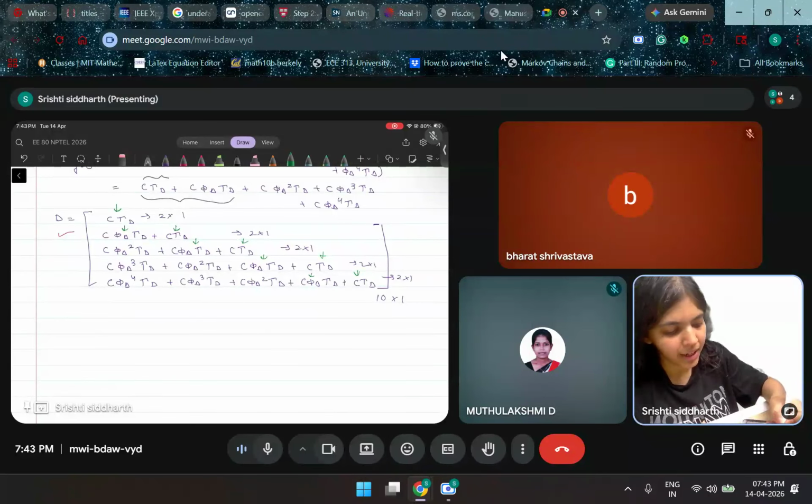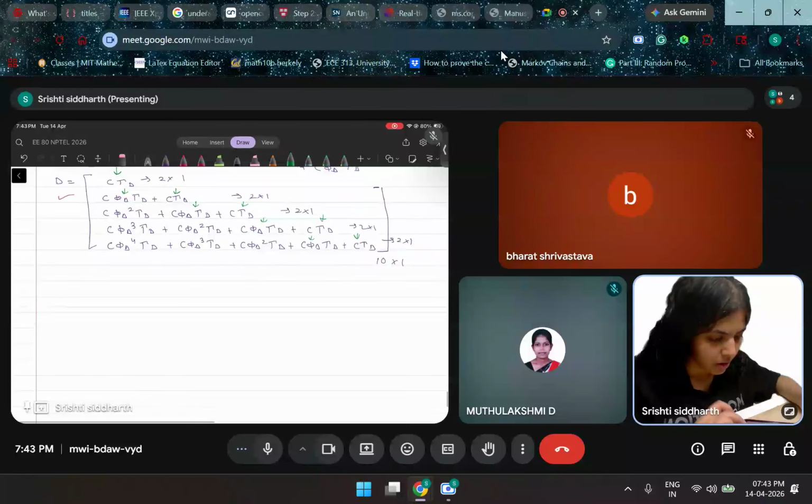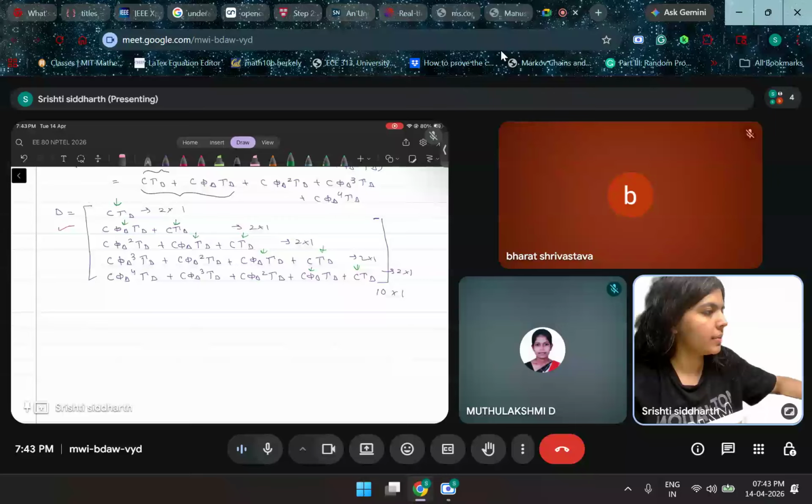Then you can just compute phi delta square, phi delta cube, and phi delta to the power 4. It's the Kalman filter design. So if you have any questions, just let me know.